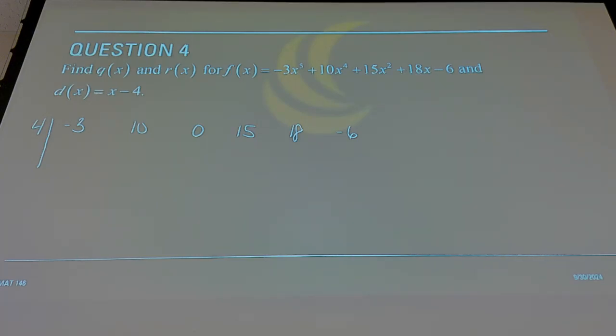In polynomial long division, you can get away with not including the missing terms. You cannot get away with it in synthetic. So not only do you have to look at the coefficients, you must also pay attention to if there are any missing terms. Which in this case there was, x cubed was missing. Now we can perform synthetic.